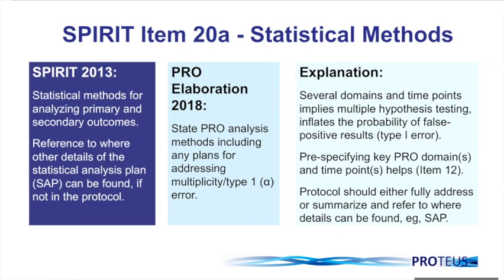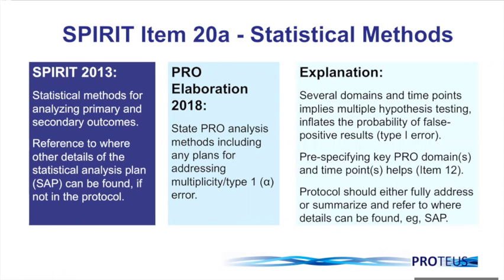Now, these arise because typically when you assess PROs, there are several different domains and time points, and these imply multiple hypothesis testing, which in turn inflates the probability of false positive findings, and these are the type 1 errors. So pre-specifying your key PRO domains and time points helps, and note that this relates back to item 12.